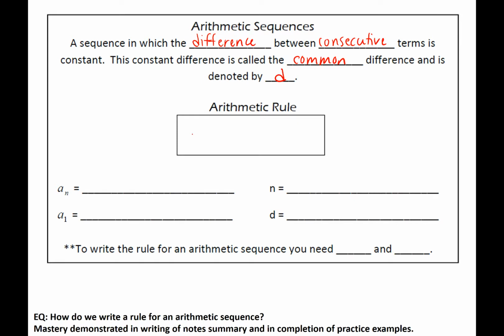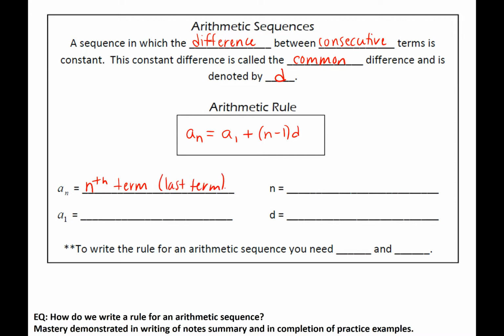And here is a very important formula to us: a sub n equals a sub 1 plus n minus 1 times D. In this formula, a sub n represents the nth or the unknown term. Sometimes we call that the last term.